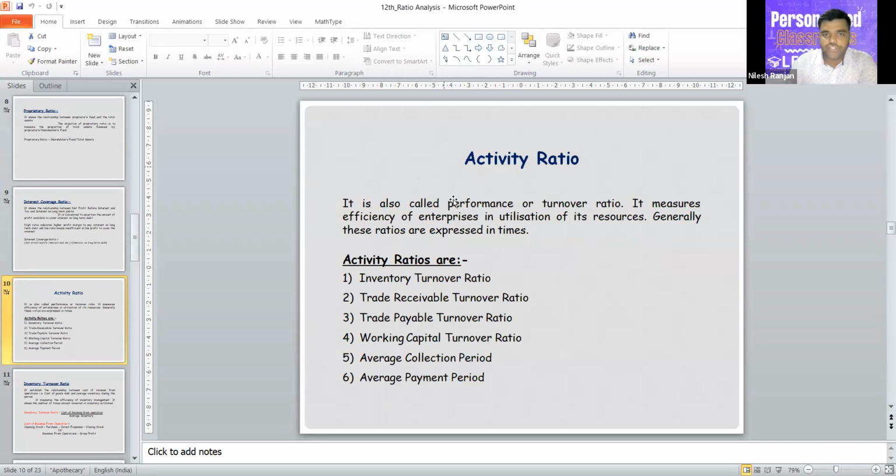This average collection period is related with trade receivable turnover ratio, and this average payment period is related to trade payable turnover ratio. So you can say these two ratios are combined. It is one ratio actually. So these are our activity ratios.